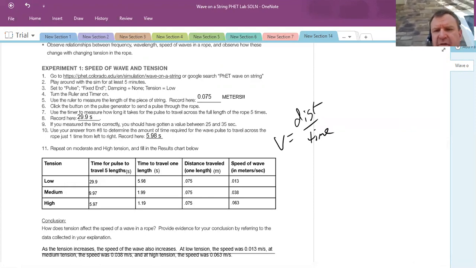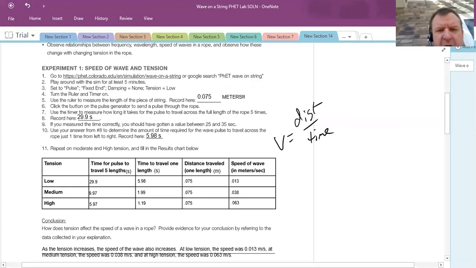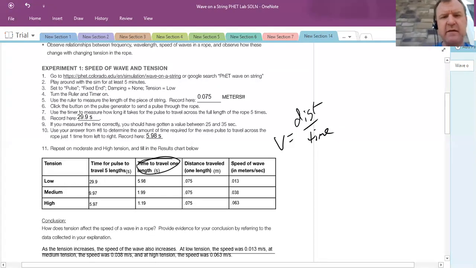And I had a couple questions on this. Your distance and time have to go together. So you have the time to travel one length, so you then need the distance for one length. So you're taking this distance divided by that time to get the speed. So you should have gotten similar numbers to these, okay? So at a quick glance, a lot of you look like you had that okay.